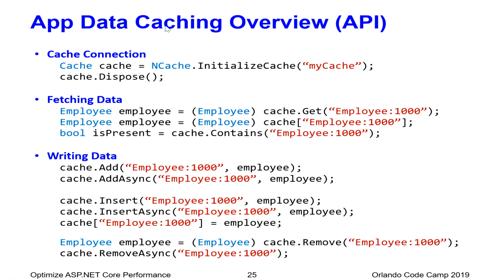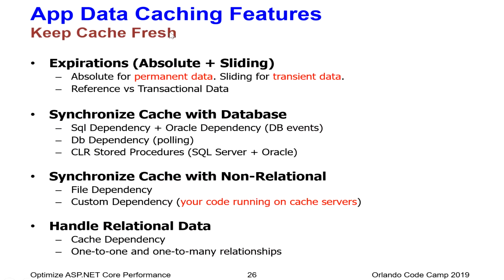Now, let me come to the topic of what allows you to keep the cache fresh, the really valuable information. What do you do? Well, the first thing almost every distributed cache does is expirations. You do absolute expiration. Whatever you put in the cache, you say, remove it from the cache 5 minutes from now. So it's safe to keep for 5 minutes. I think in 5 minutes, I'm the only one updating it. After that, other people might.